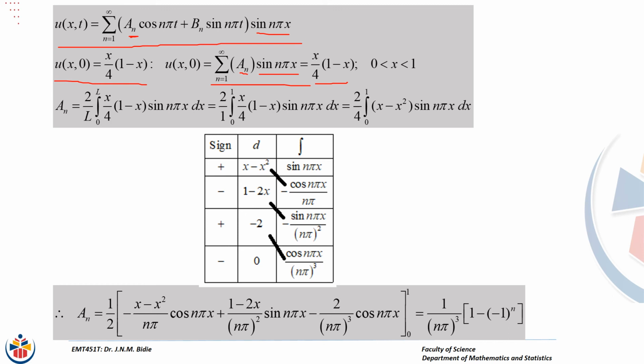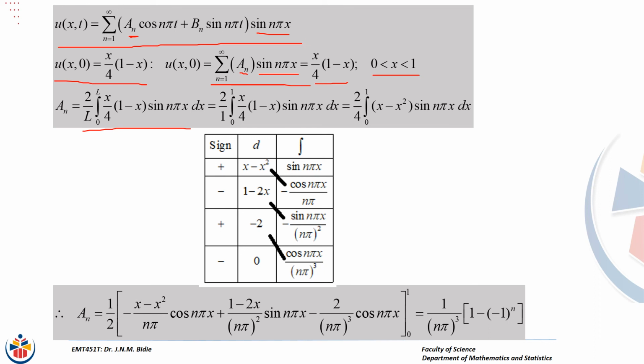And we know that the length of the rod is 1, because x has been given to be between 0 and 1. Immediately, you have a non-zero term on the right-hand side, and you have a sine series on the other side. It means we have to use the Fourier sine series formula, which we used when we substituted the second initial condition in the last problem. 2 over L times the integral from 0 to L of the function that we have on the right-hand side.